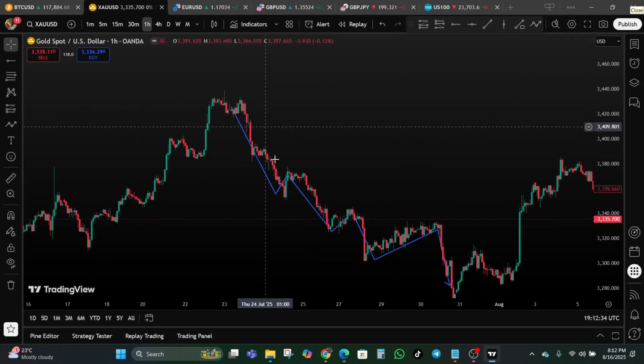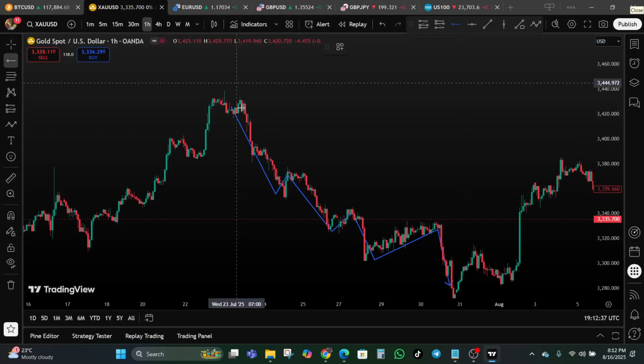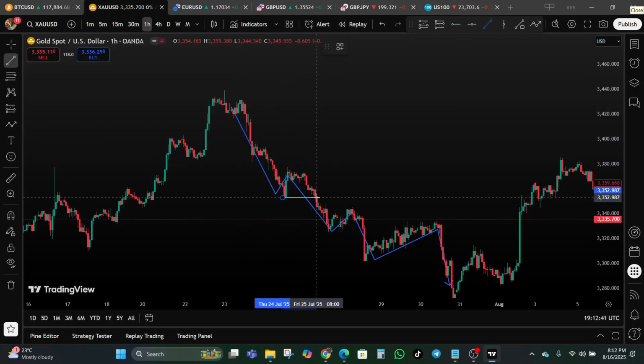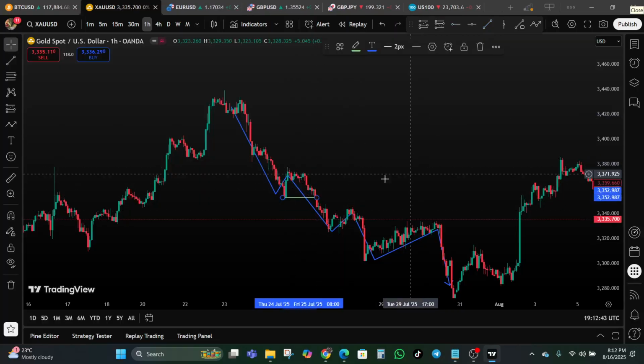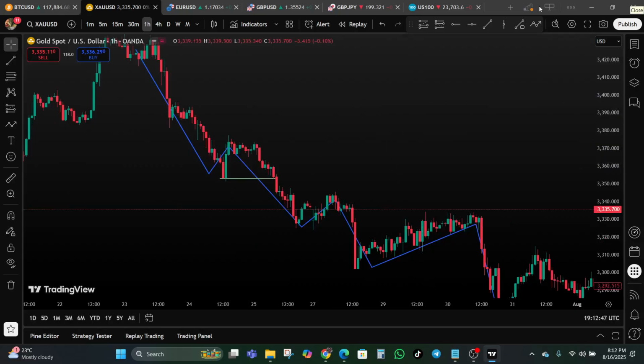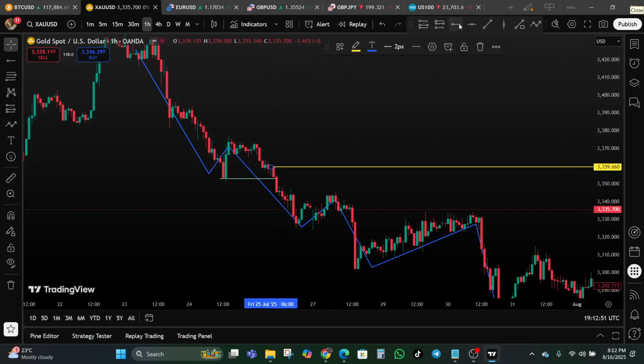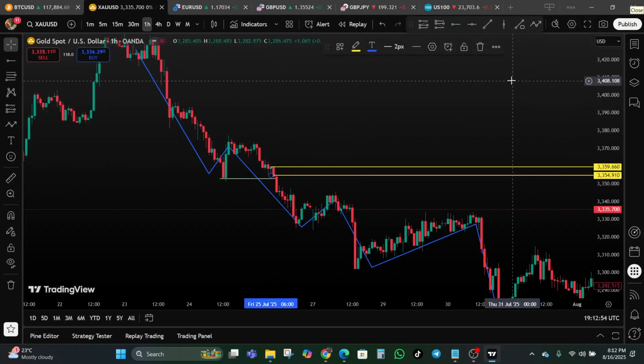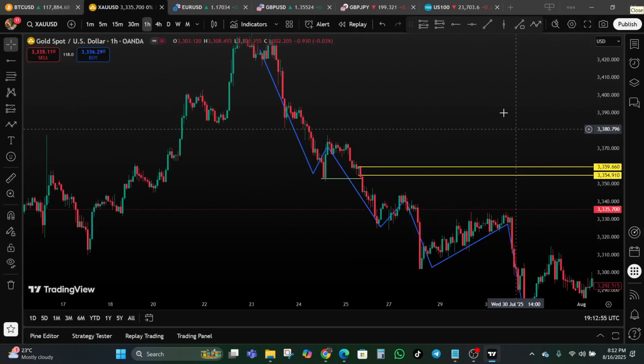So in this case, we had lower highs, lower lows. You can see here that this is a break of structure. Price broke below this. So we're looking out for the last bullish candle before that break of structure happened. In that case, you're going to have a bearish order block.